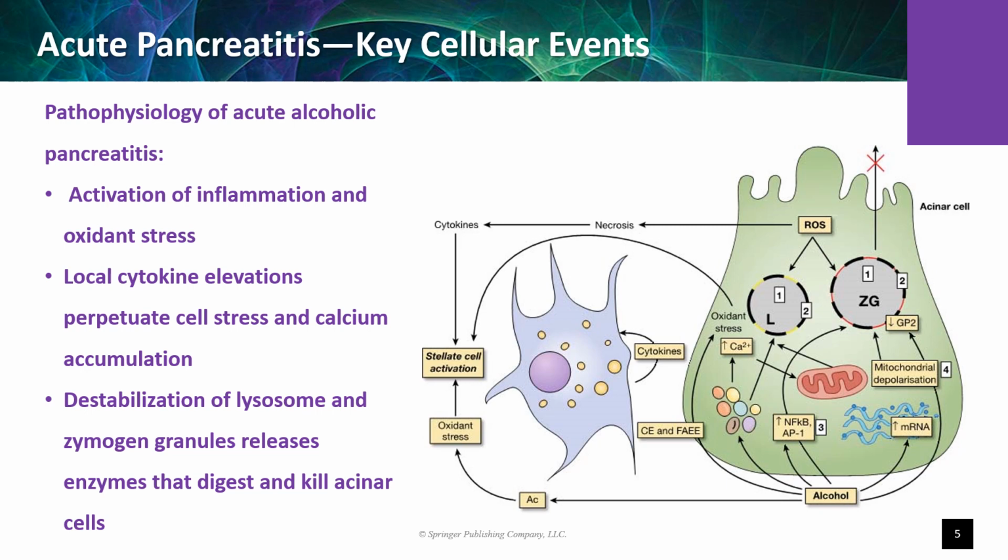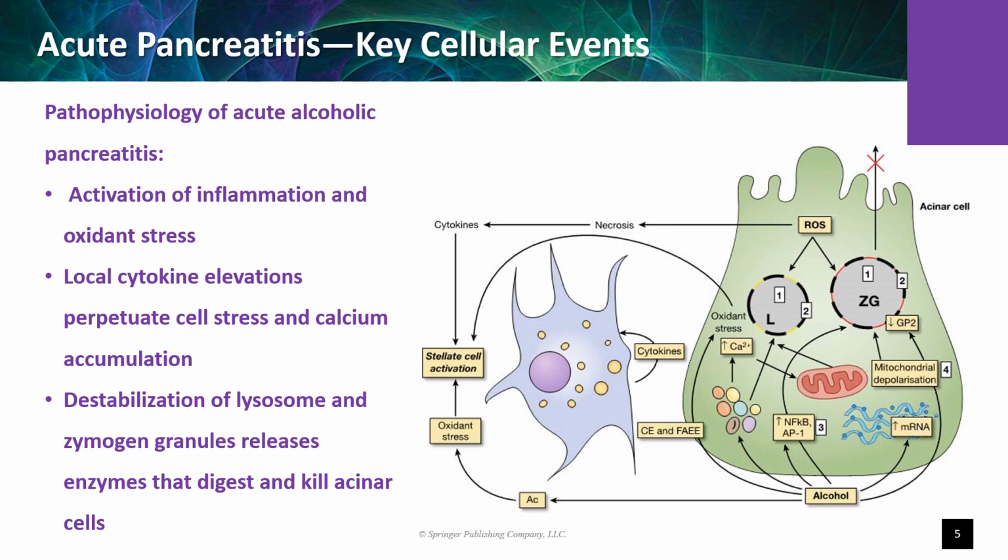Within acinar cells, alcohol increases enzyme content of lysosomes and zymogen granules in step 1, while reducing levels of GP2, a protein to stabilize granules to prevent autodigestion in step 2.